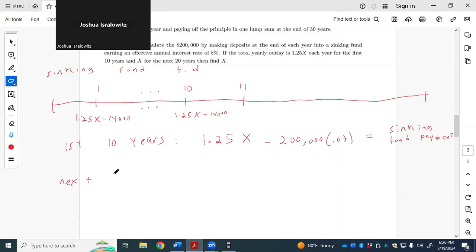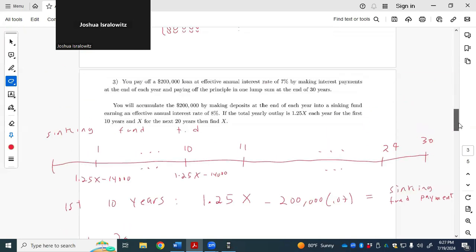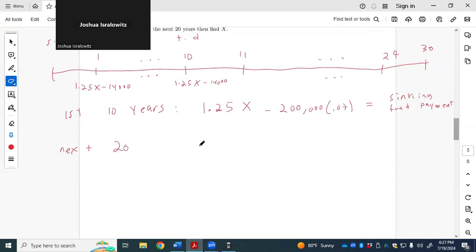So the next 20 years, a total of 30 years. It's the same thing except X. I'm not going to go through the whole thing again, but literally the same thing except X is the total outlay each year.